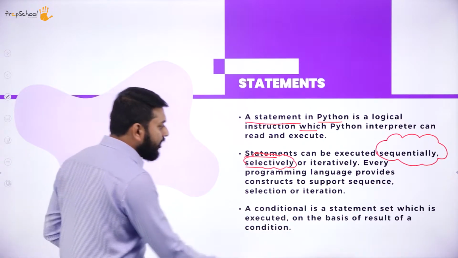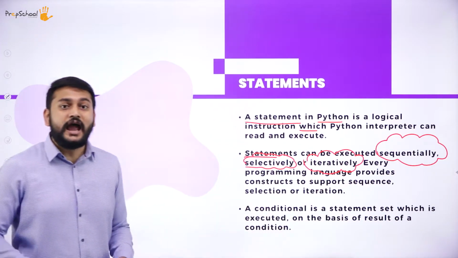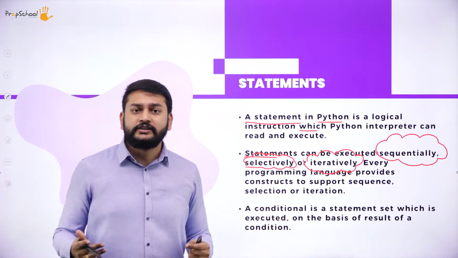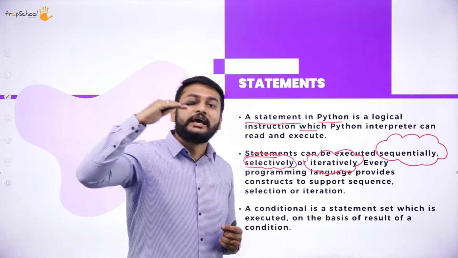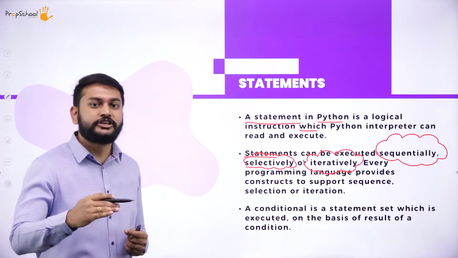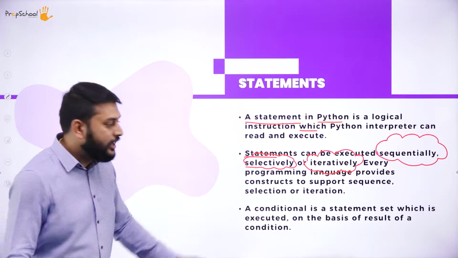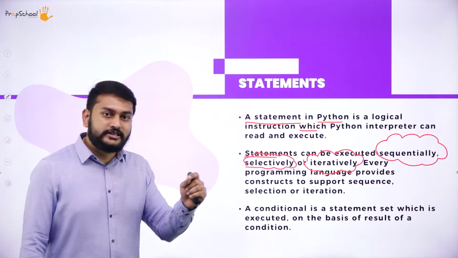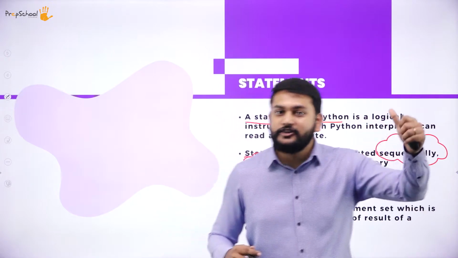The next one is iteratively. I will be executing the statements iteratively. What is the meaning of it? Iteratively means I will be executing some set of statements repeatedly. Such statements I call iterative. So please remember, I will be executing the statements in 3 different forms.